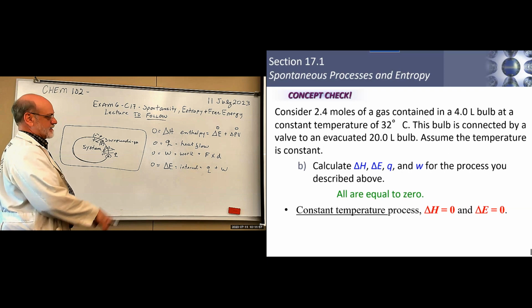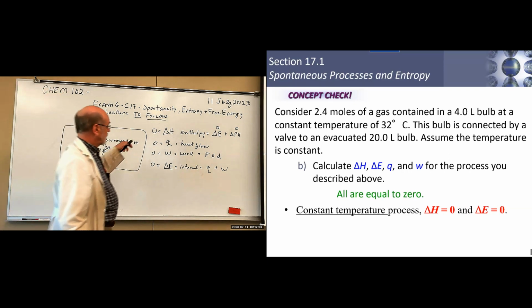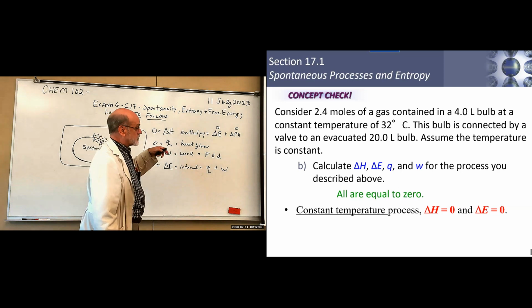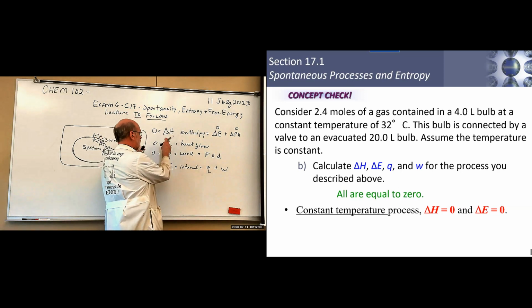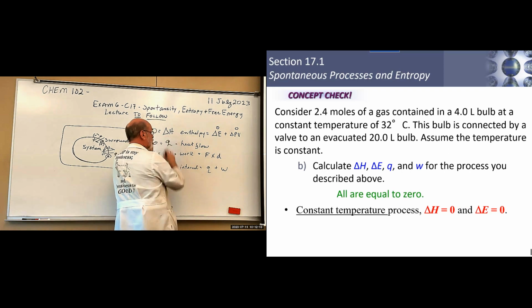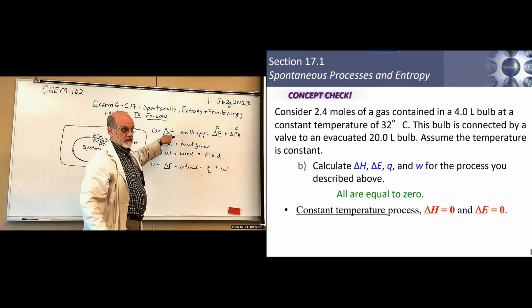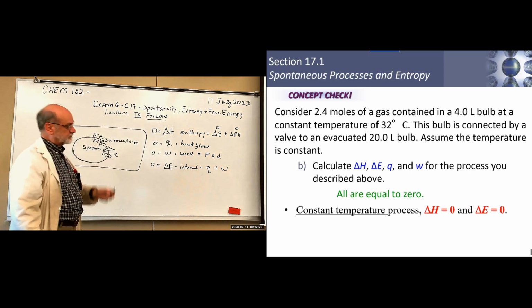Since the temperature is constant, the heat flow is going to be zero and delta H is going to be zero too. I approached it from this angle, but if you approach it from the temperature side, it's also equal to zero because no temperature change was involved.